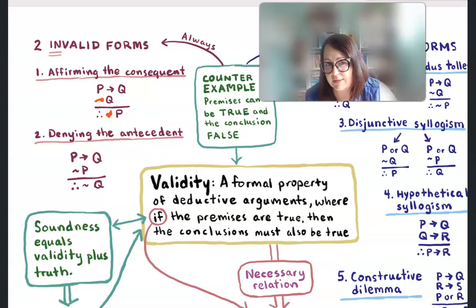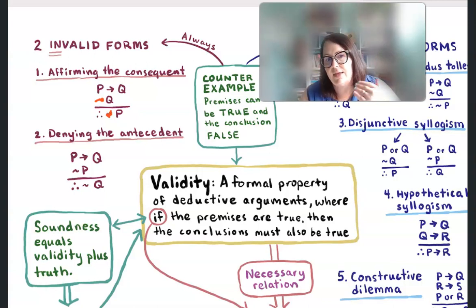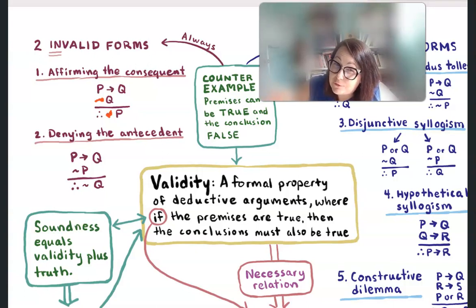So this is an invalid form, because what could have made the streets wet? Well, a fire hydrant, or some kids were playing with a hose, or whatever. But we know that if it rains, then the streets are wet. That's what the first premise tells us. Then the second premise is Q, which is the consequent. It affirms that consequent, but we need to affirm the antecedent in order to derive the consequent. So that's why that is an invalid form.